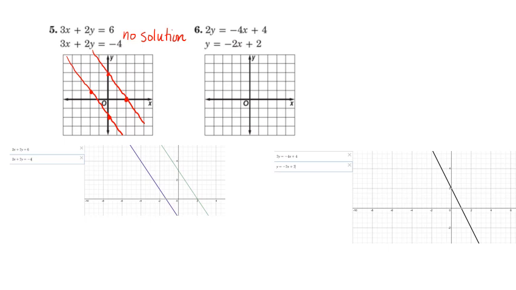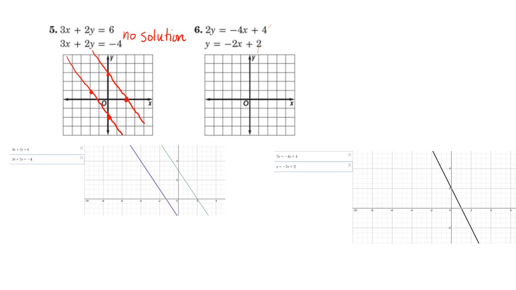If we look at number 6, when I graphed them, they overlapped each other. And if you look, the first equation is the bottom equation multiplied by 2. So 2 times y, 2 times -2 is -4x, and then 2 times 2 is 4. So they're the same equation, just one has been scalar multiplied. So I've multiplied everything by 2, but that means the equation stays the same.